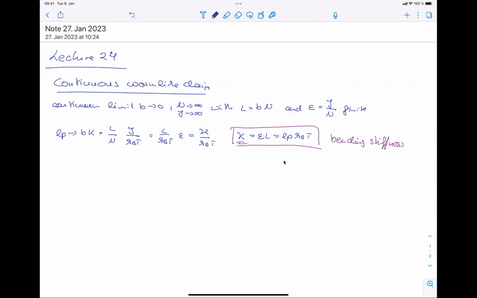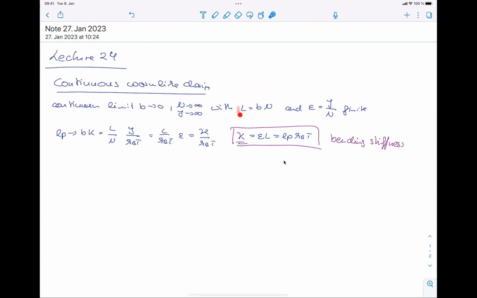Note that the way we're taking the continuum limit here is different from the flexible polymers, because we're keeping not the end-to-end distance b squared N fixed, which was the case for flexible polymers, but the total length of the polymer. Why is that? Well, because there are two limiting cases of the worm-like chain: the Gaussian chain for very flexible semi-flexible polymers, and the rod for very stiff semi-flexible polymers.